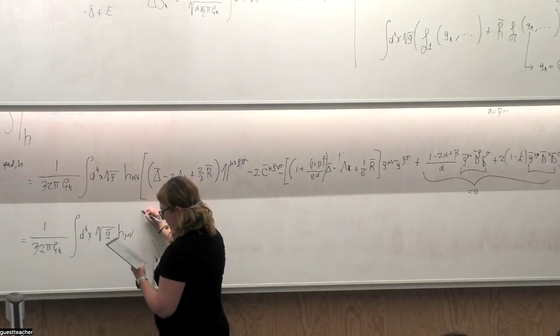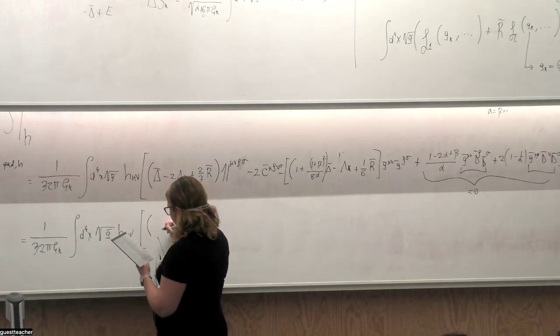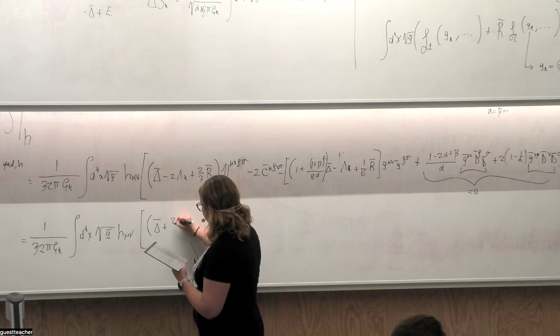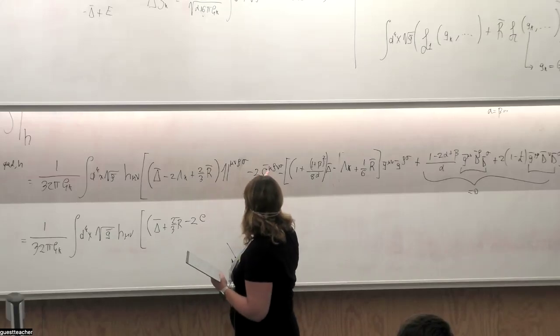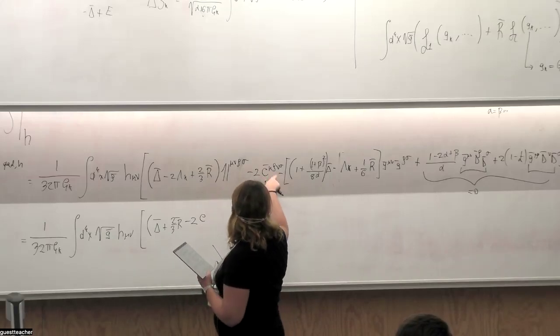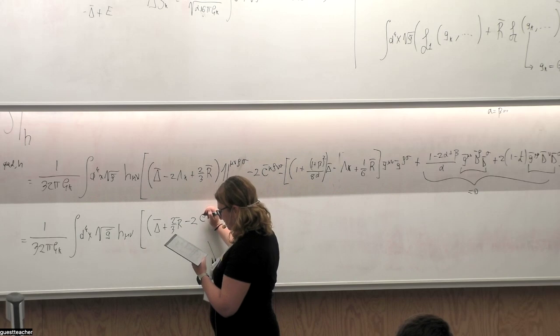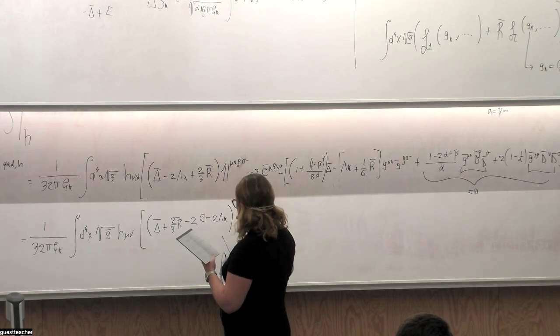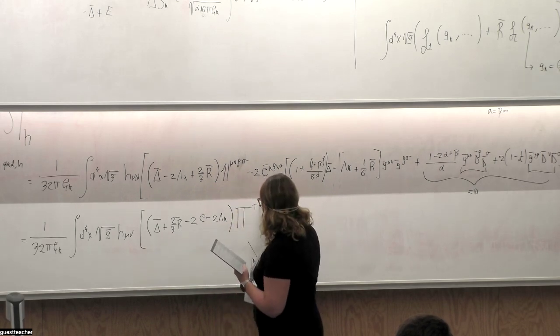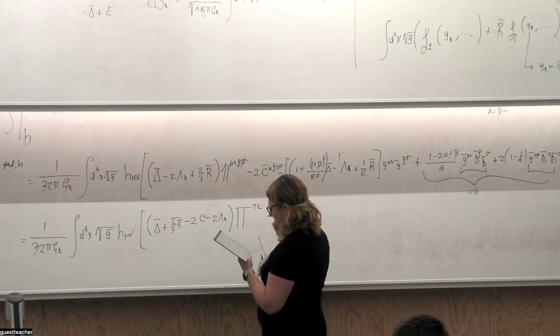And here we have this: Delta plus 2/3 R bar minus 2 C, which is essentially the contraction of the C bar with the matrix, minus 2 lambda_k, and the spin projector, which is the traceless part.